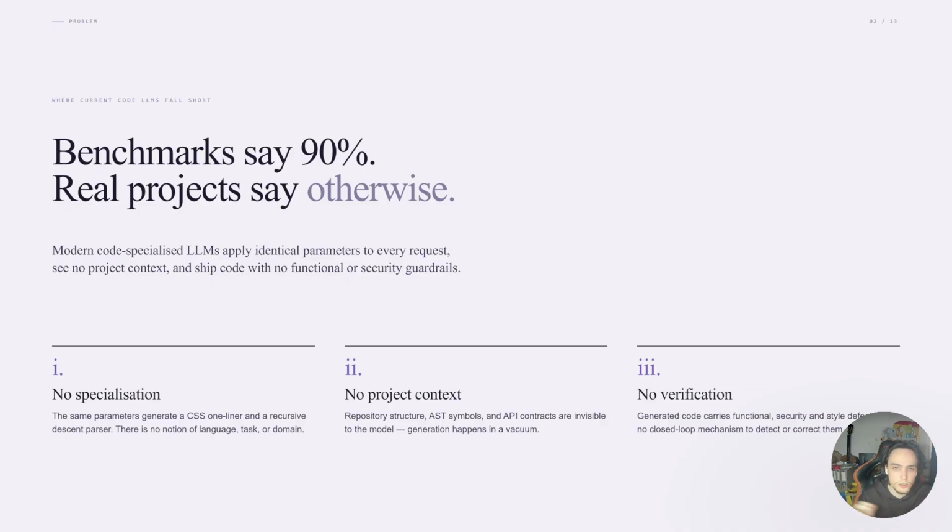First, there is no specialization. The same parameters that generate a one-line CSS rule are used to generate a recursive descent parser, and the model has no notion of language, task type, or domain. Second, there is no project context.